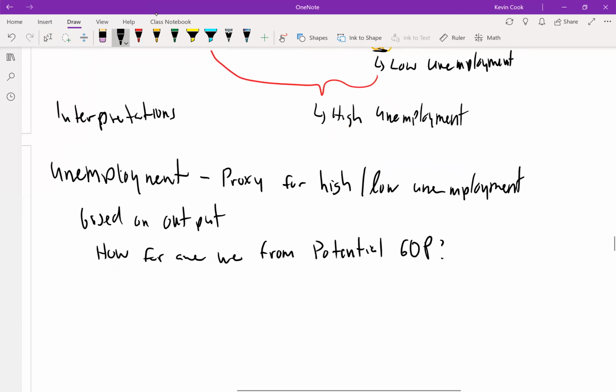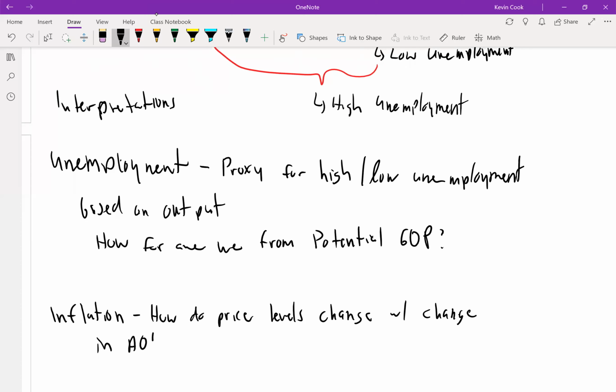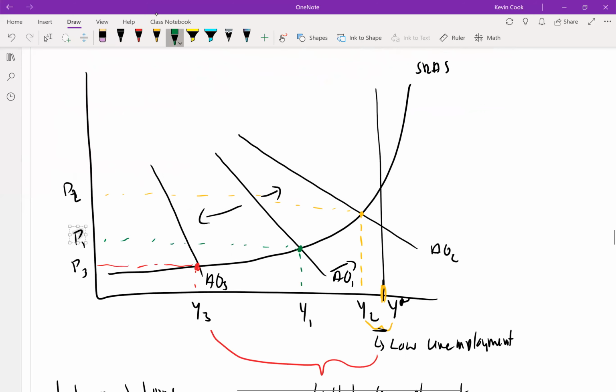The second bit that we can tell is inflation. And with inflation, we do get an exact measure: how do price levels change with that same change in aggregate demand? Or we can even do aggregate supply, whichever works. So when we see inflation, we kind of see a couple things going on.